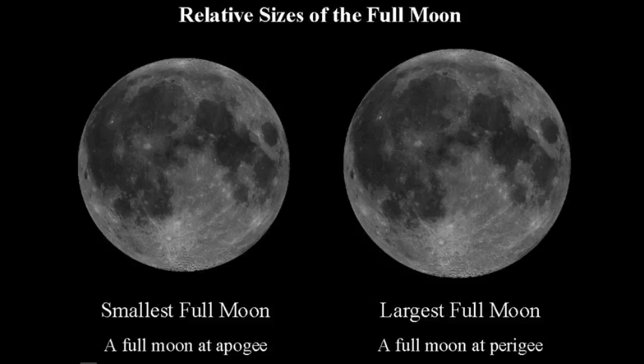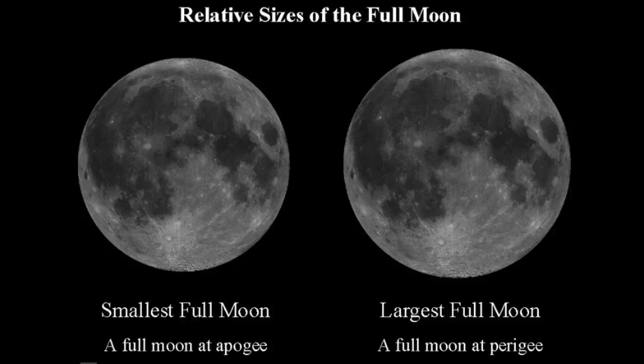First, the apparent size of the full moon varies from month to month, and from different sizes of the full moon, we can conclude that the moon's orbit is quite elliptical. Write that down. So the apparent size of the full moon varies from month to month for sure. And from the different sizes of these full moons, we can conclude that the moon's orbit is quite elliptical.